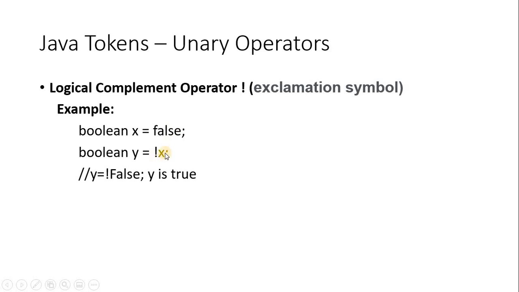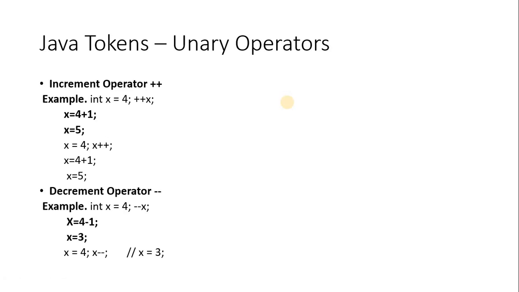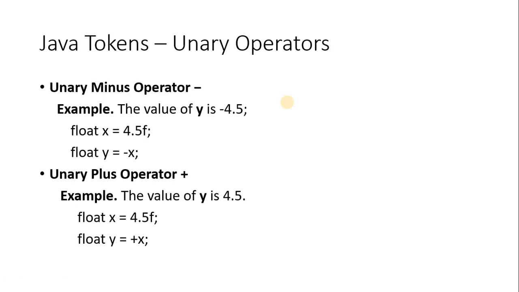Not x means it will give the reverse value. So the y value is going to be assigned as a true value. The complement operator will always give the negated value. Remember, in the unary side we have the logical complement operator, increment and decrement operators, unary plus, and unary minus. So these are the unary operators.